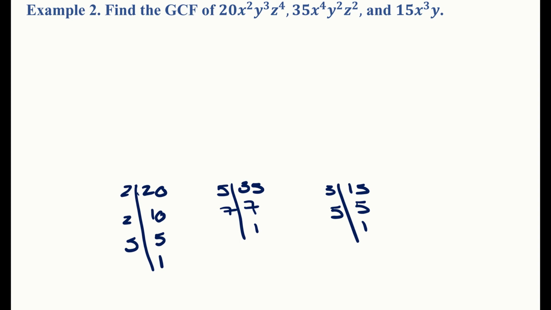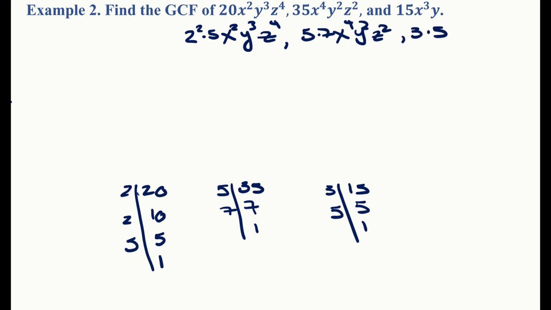So if I rewrite these using these prime factorizations, we have something like 2 squared times 5 x squared y cubed z to the 4, and then we have 5 times 7 x to the 4 y squared z squared, and then we have 3 times 5 x cubed y.